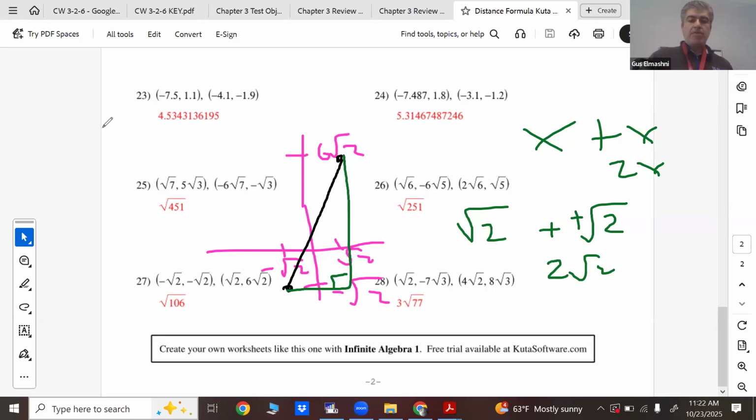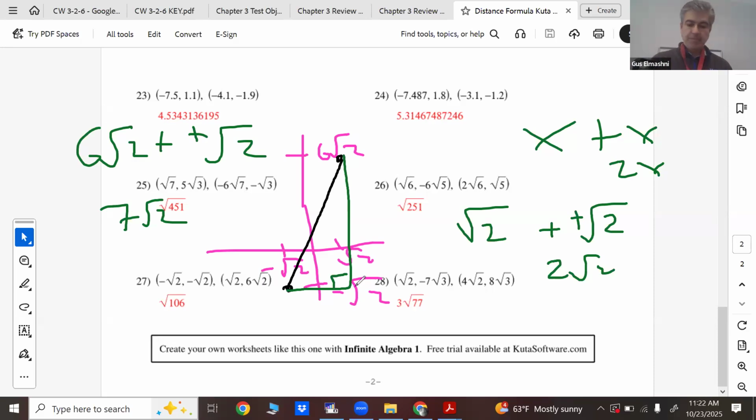So now, what if I have 6 root 2 minus negative root 2? Positive, positive. 7 root 2, good. So now I know the height. Yeah, because what if I had x plus 3x? 1x plus 3x. Same thing, right?